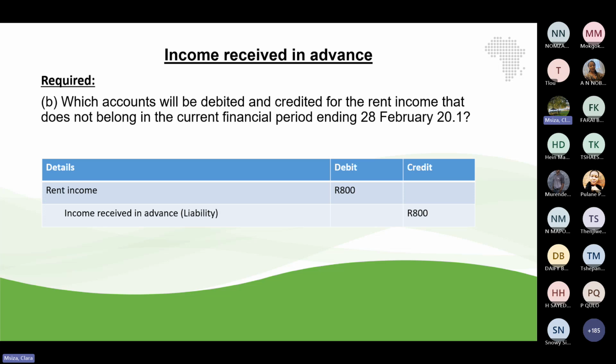Hence, we say it is received in advance and is a liability for you at the moment. However, when you go to the next financial year, it will relate to that financial year. But for now, it is your liability.